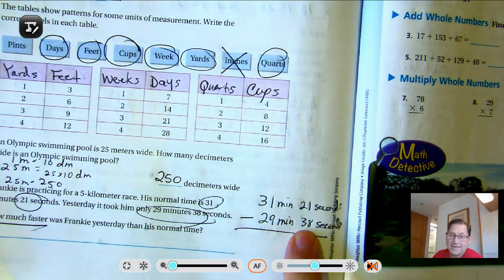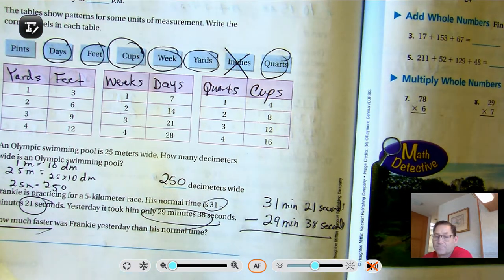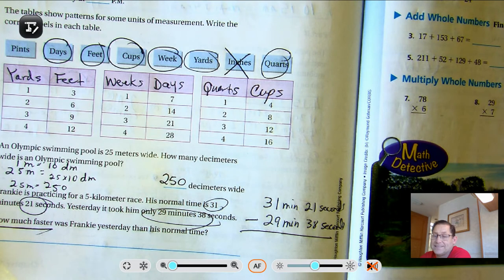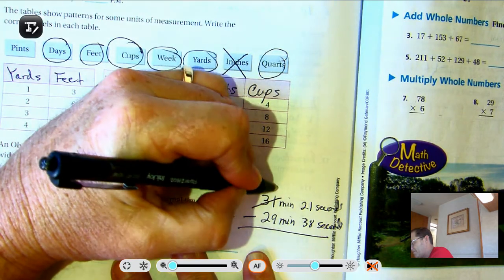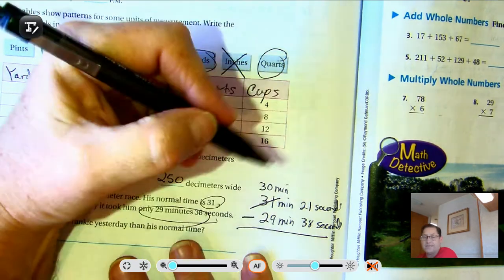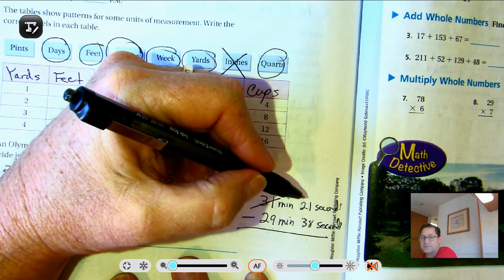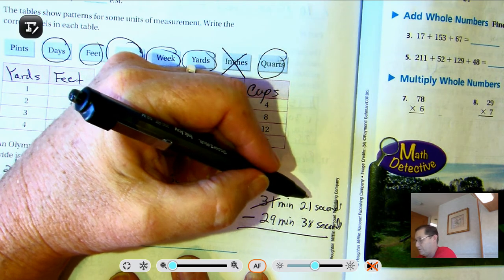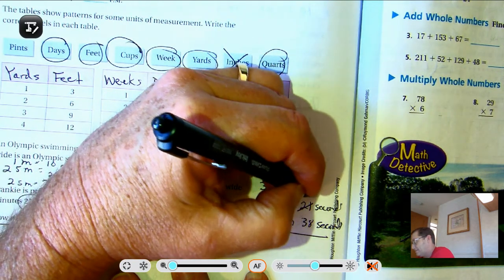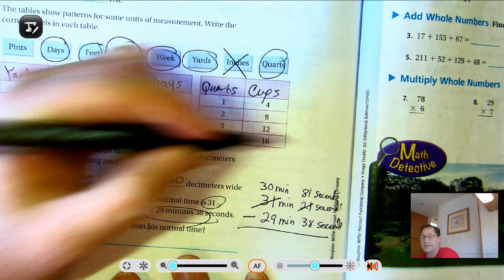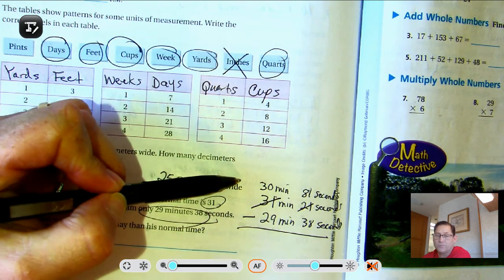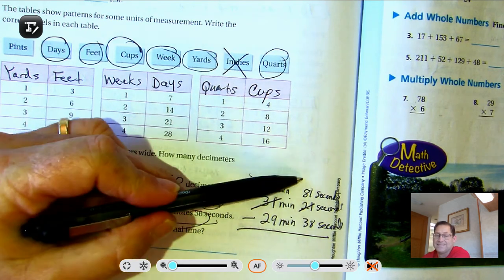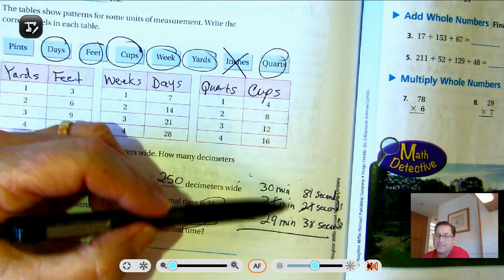Well, I can't take 38 seconds from 21 seconds, but I can trade one of the minutes in 31 minutes for 60 seconds. So I'm going to cross out the 31 minutes and make it 30 minutes, and I'm going to give 60 seconds to the 21 seconds. Okay, so I went from 21 to 81 because I regrouped 1 minute as 60 seconds. 60 plus 21 is 81.